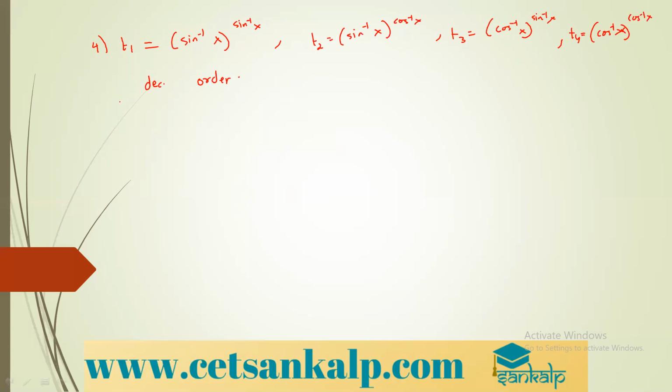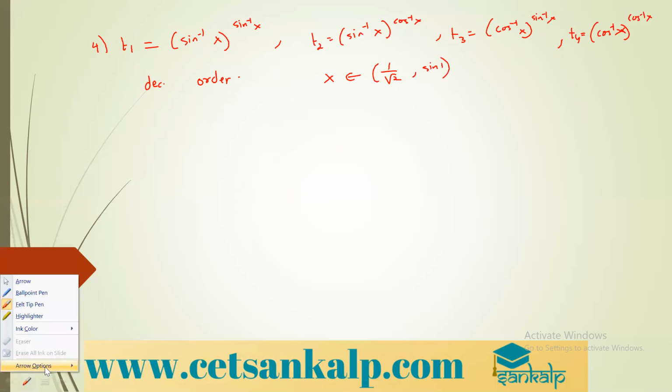So one by one, we will start observing. How? In the question, one piece of information is given: x belongs to the interval 1 by root 2 comma sine 1.